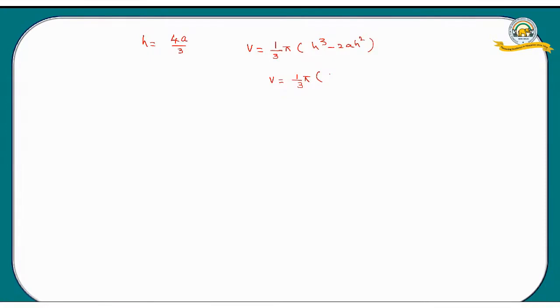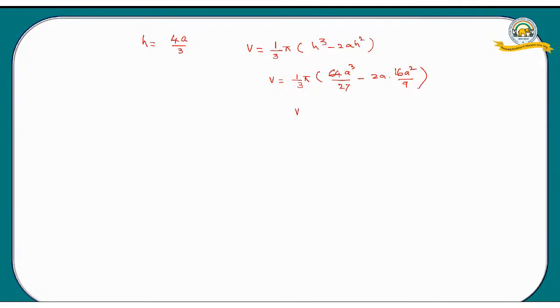That is 64a cube by 27, minus 2a into h square. h square is equal to 16a square by 9.